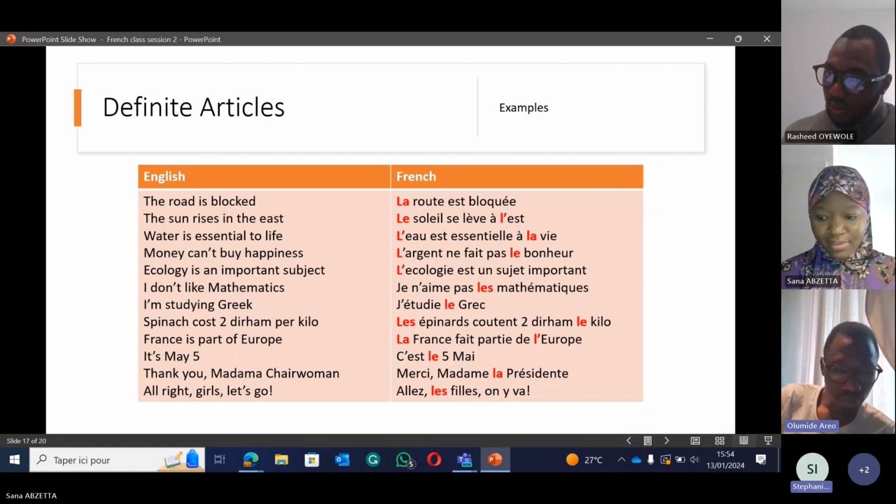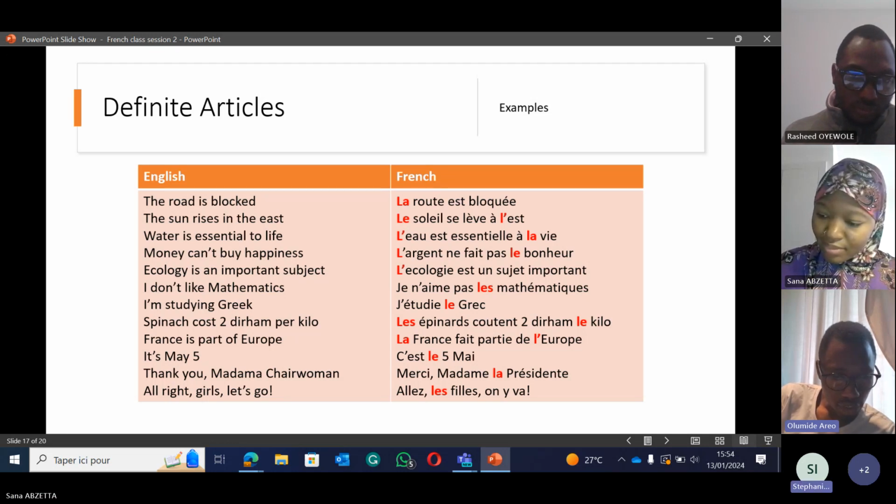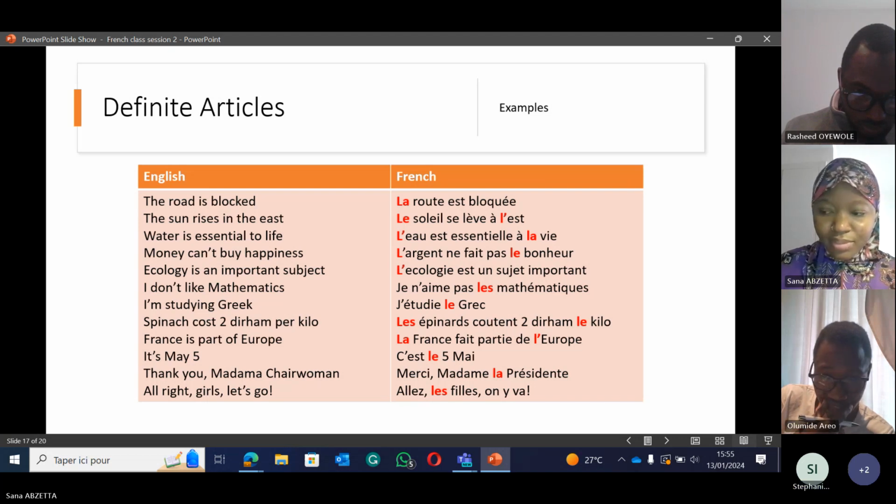I have a question. Yes. I've noticed that the one that says France is part of Europe, la France fait partie de l'Europe, is the same thing as money can't buy happiness: l'argent ne fait pas le bonheur. You can see fait used for money, then France is part of Europe.